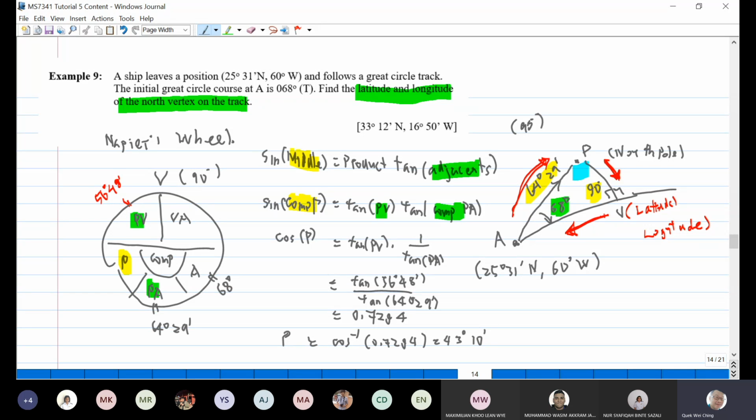This is angle P, 43 degrees 10 minutes. Where is angle P? It's the blue one. We find out it's 43 degrees 10 minutes.